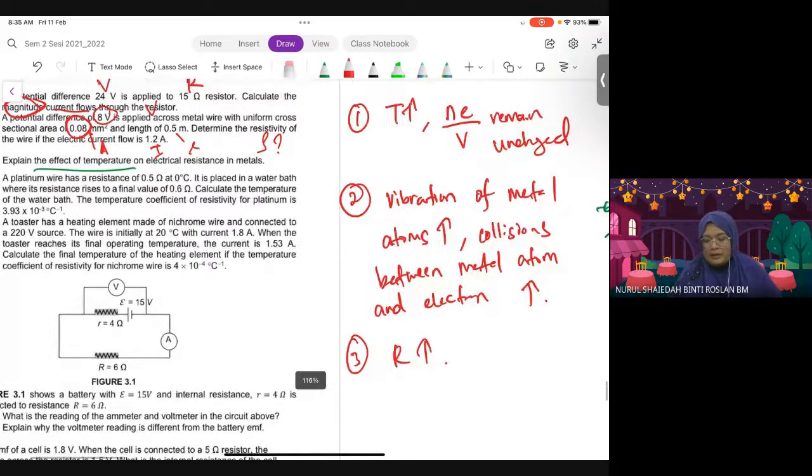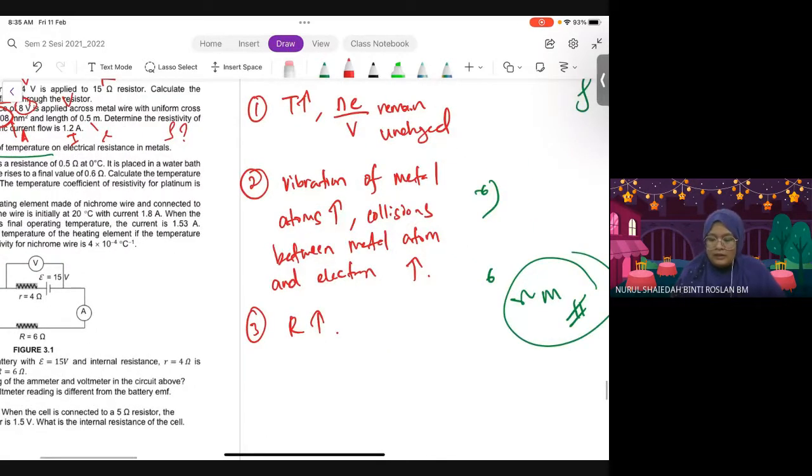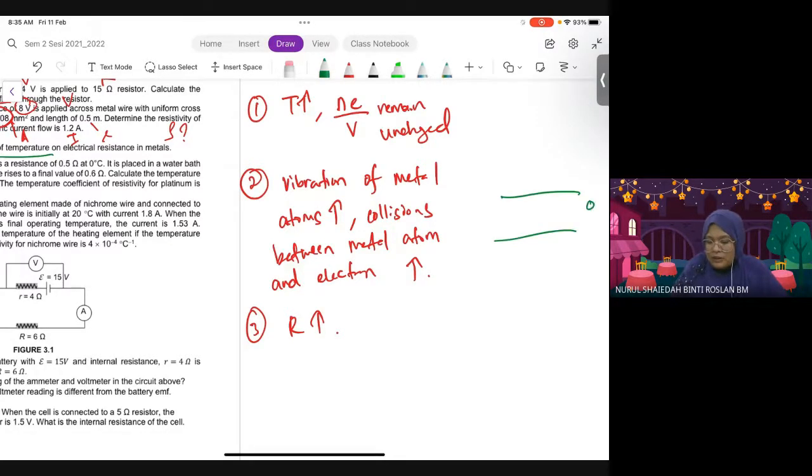Macam saya bagi analogi, pergi tempat berperang. Awak tengah masuk lorong. Awak adalah elektron, awak adalah current. Vibration antara metal atom ni dia makin laju. So untuk elektron dah masuk, dia terpaksa langgar. So that's why resistance dia increase lah.